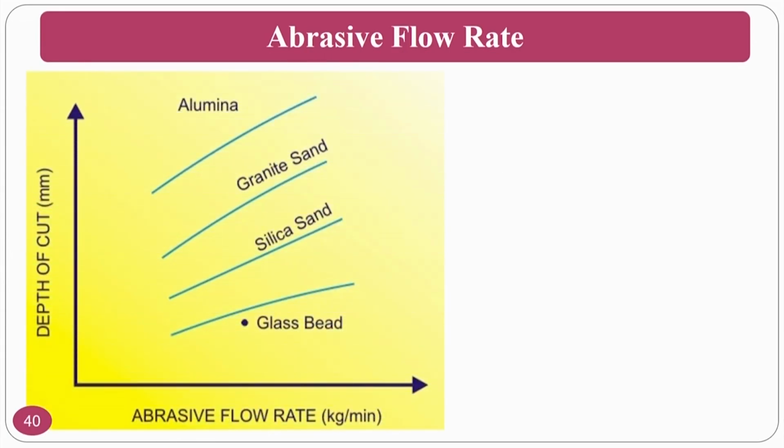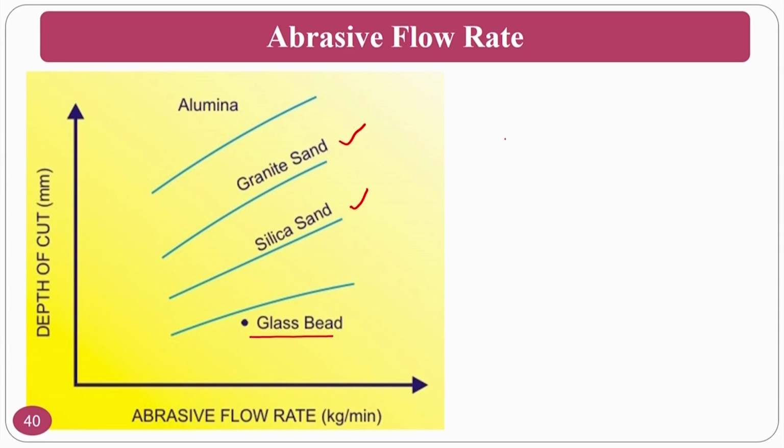So, the abrasive flow rate, normally the depth of cut, as I said, if I want to cut a mild steel material, glass beads give very little, then the silica sand, granite sand and alumina. If I want to go deeper, then I have to choose a better hardness value, that is called hardness ratio.